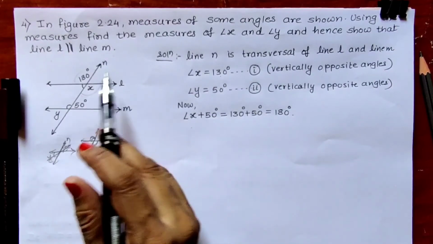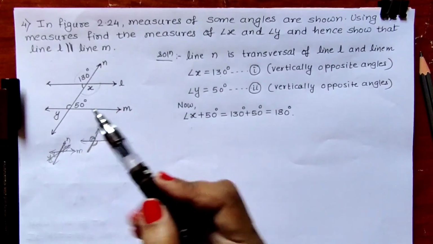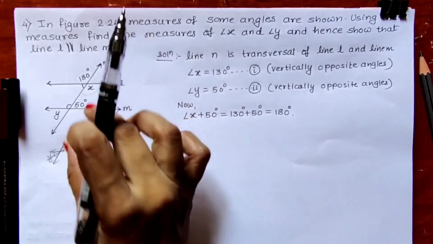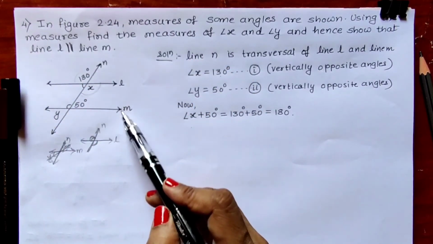So when the interior angles are supplementary, what does it mean? It means that the lines due to which these two angles are formed are parallel lines.